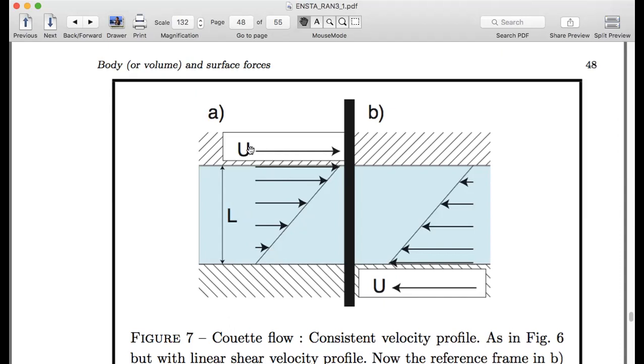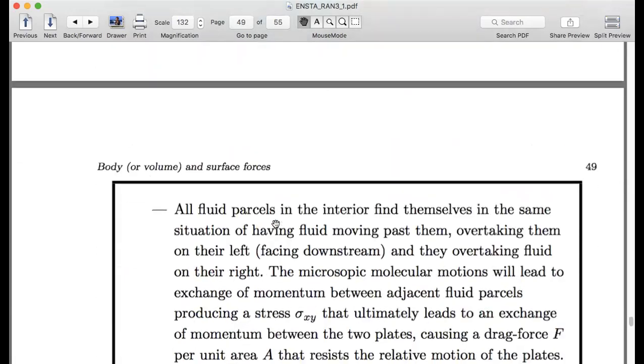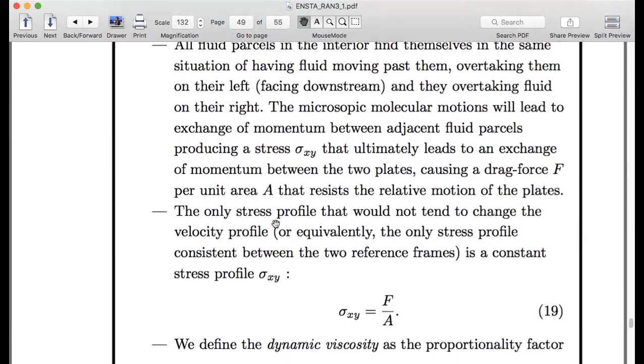There's some friction slowing this upper plate down, and vice versa. The upper plate will say that the lower plate is applying a friction force on the upper plate. So there's an exchange of momentum between them. That is a force that's proportional to the area of the plates.